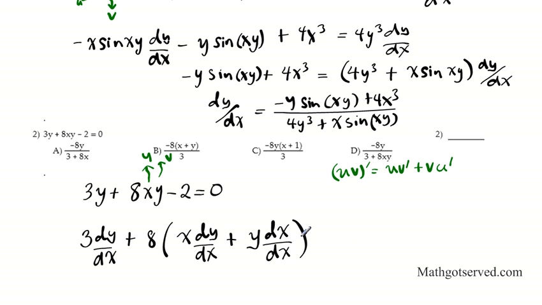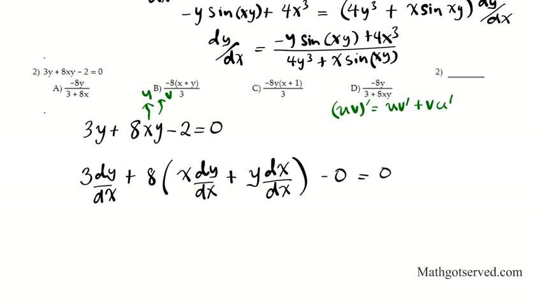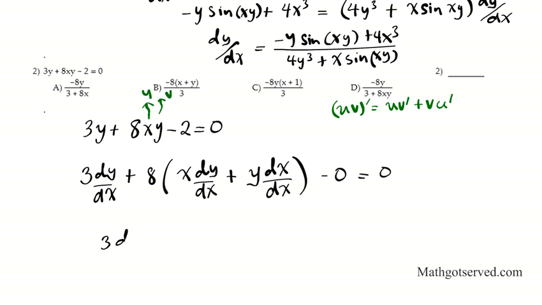And then the derivative of -2, since -2 is a constant, is 0. So minus 0 equals 0. So if we reduce that, we're going to have 3 dy/dx plus 8x dy/dx plus y, because dx/dx reduces to 1, equals 0.